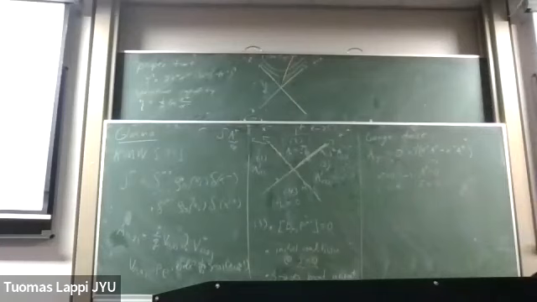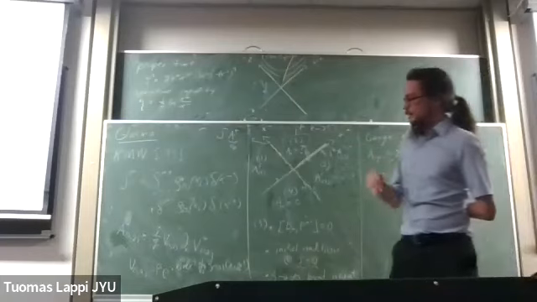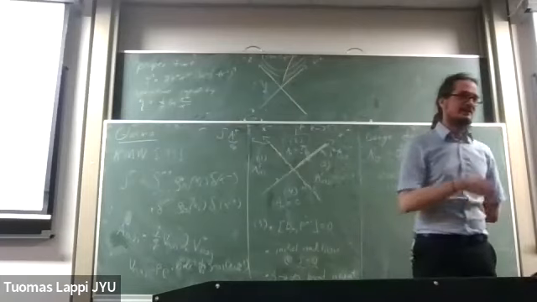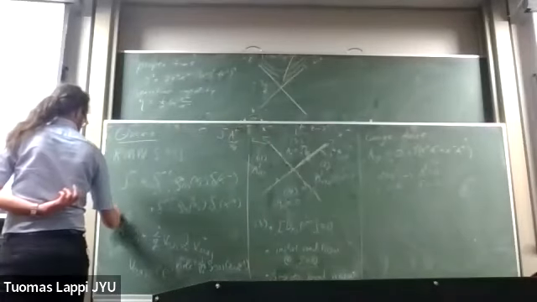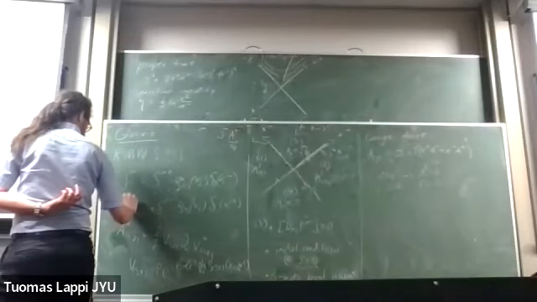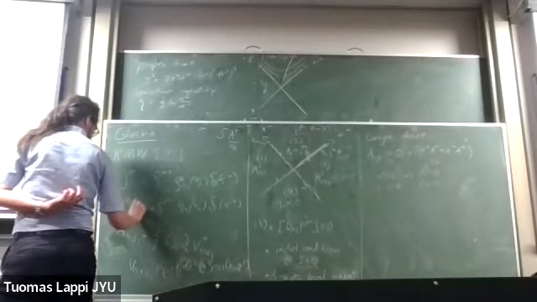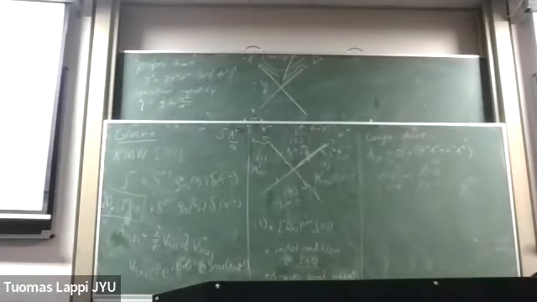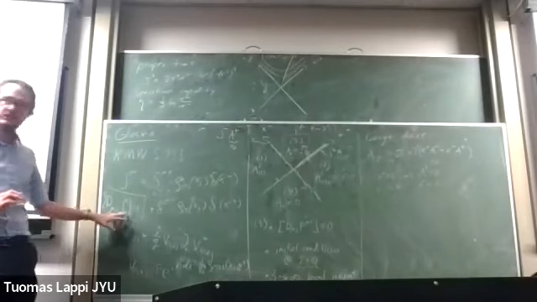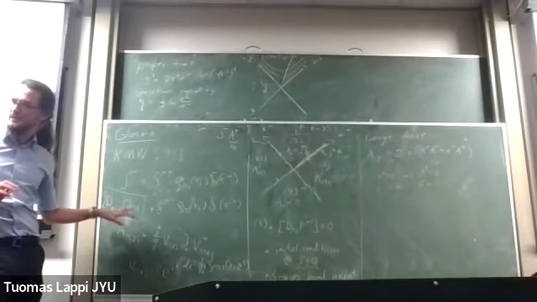And it doesn't. Remember that the current needs to be covariantly conserved. So we have D mu J mu equals 0 for covariant conservation of the current. This is kind of trivially satisfied, right?